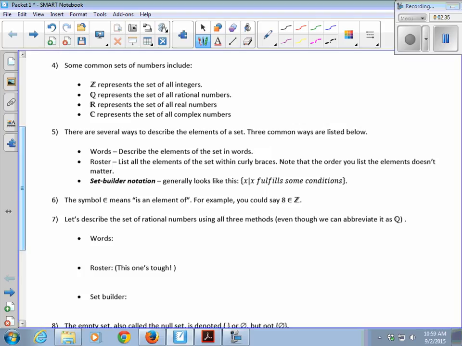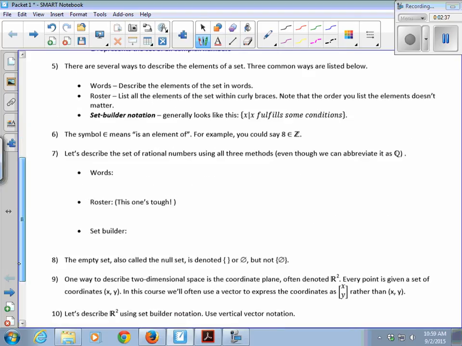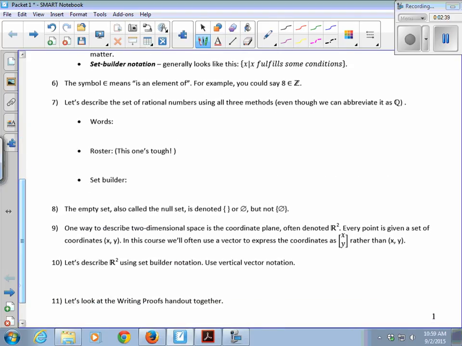All right, so let's do some practice. I'm going to describe the set of rational numbers using all three methods. Even though we can abbreviate it as Q, we're just going to use this for practice. All right, so somebody in words, what are the rational numbers? Can be expressed as a fraction of whole numbers. Yeah.